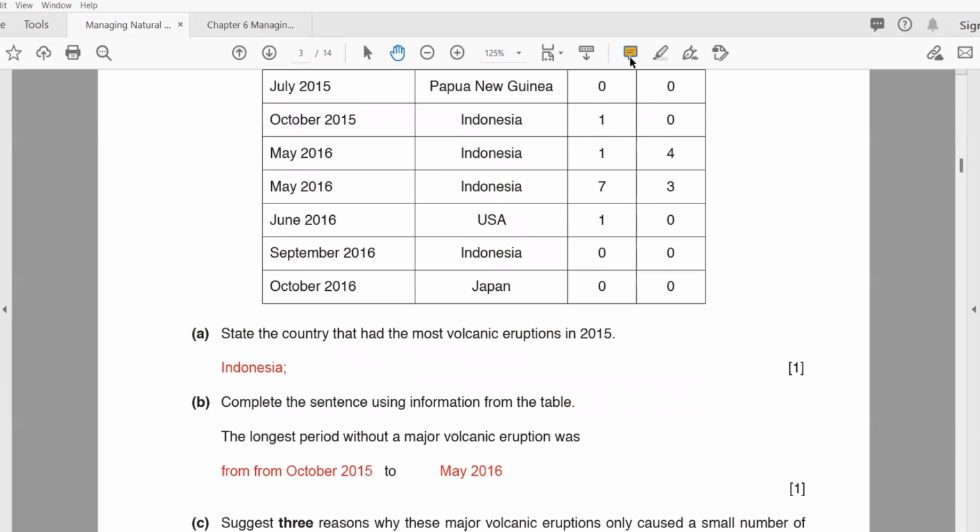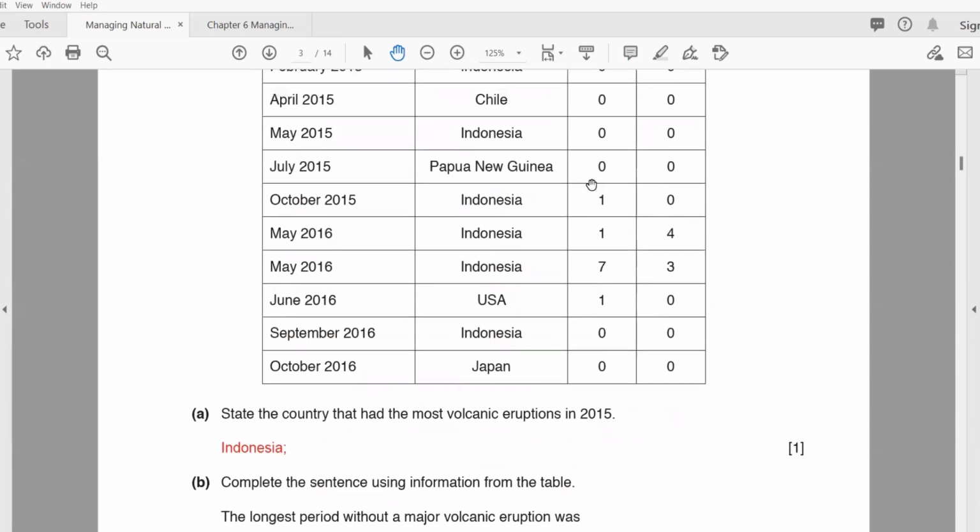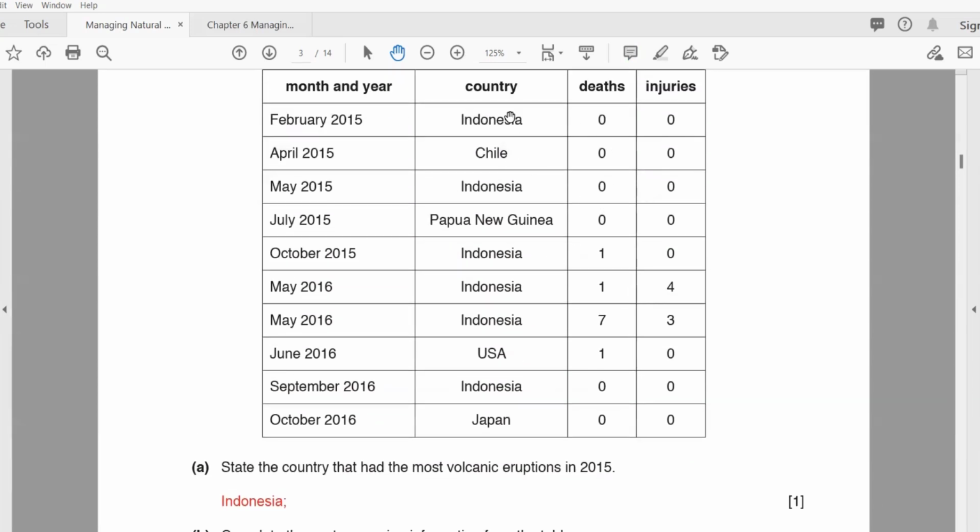Yaslin, what do you think? You can see there is volcanic activity, but deaths are really less. Any idea? Yes, Amina?